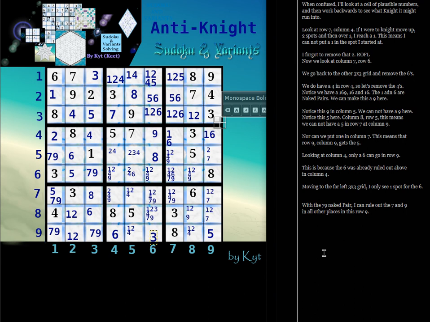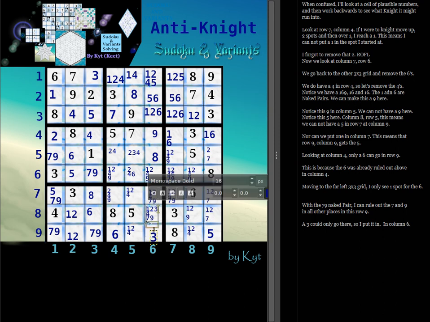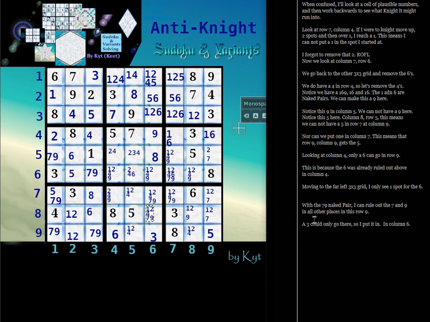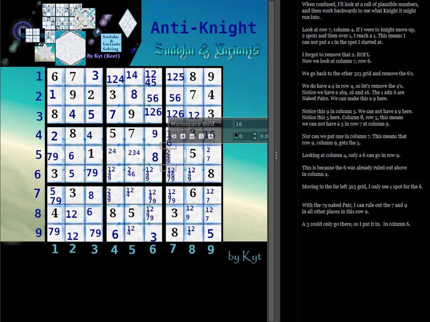A 3 could only go there, so I put it in column 6. Go here, take that out.